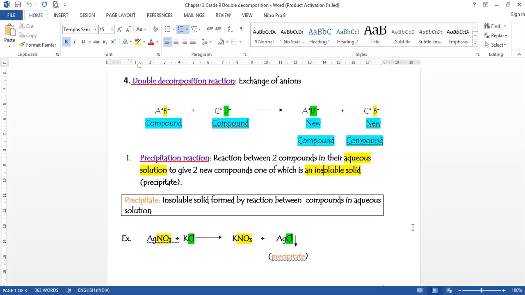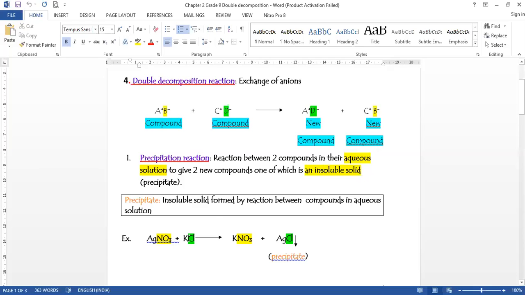When we take these two compounds in their aqueous state, they react together, exchange their ions, and produce two new compounds. Among those two new compounds, one will be an insoluble substance, and that insoluble substance is called a precipitate. So this is called a precipitation reaction.